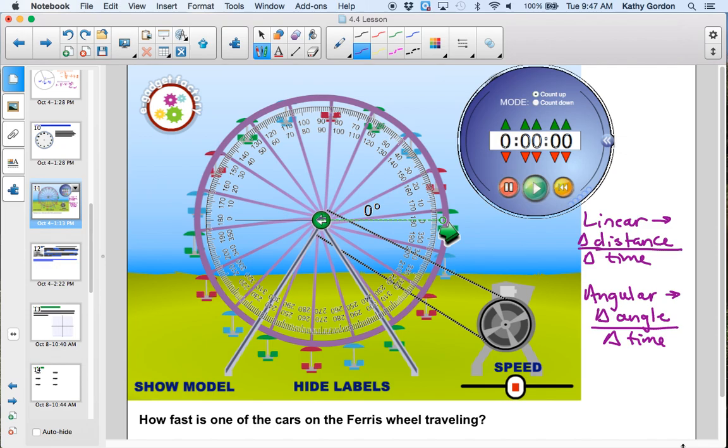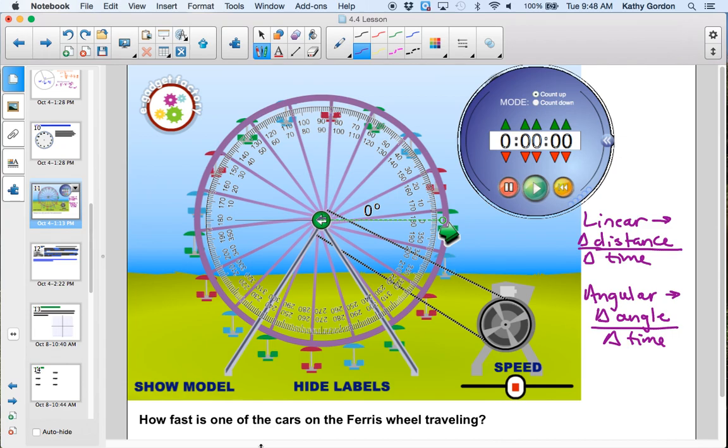So we need to realize that there is this difference, and we need to think about how we are going to set this up and figure this out. What I would like us to do, we've got a couple minutes yet, is figure out the linear speed of one of the cars on our Ferris wheel once I set it in rotation.